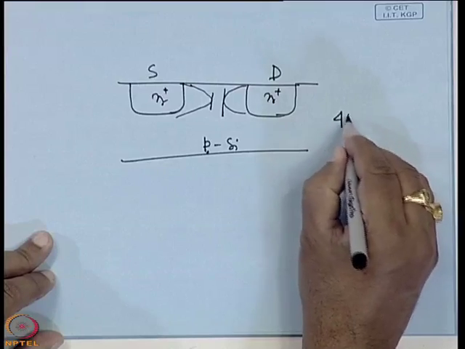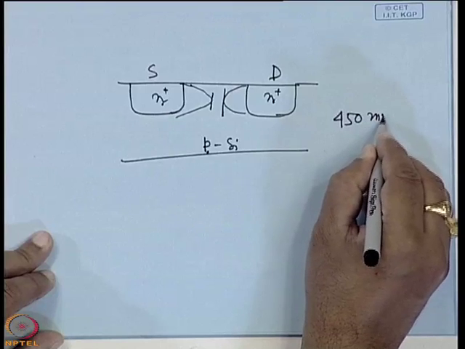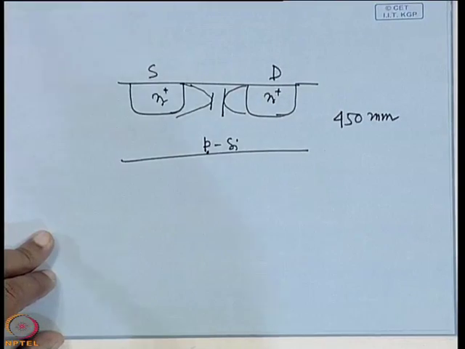So, under such a circumstance, we have no other option but to increase the diameter of the wafer, so that many more transistors or the MOS devices you can accommodate. And the prediction is 450 millimeter diameter.